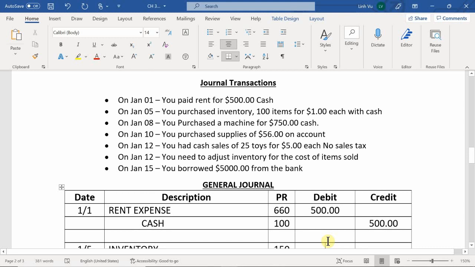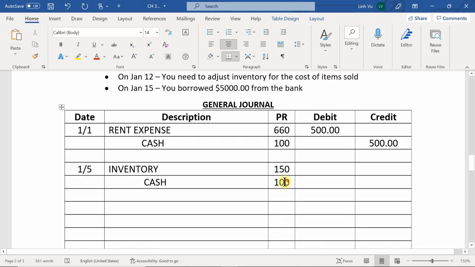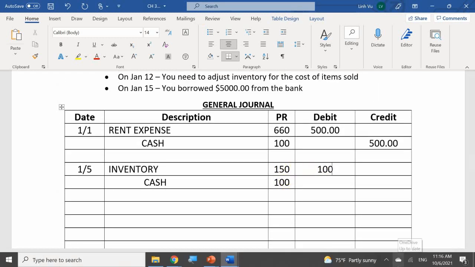How much cash did I actually spend? $100, because I bought 100 items that cost me $1 each. So in grand total, I spent $100. Good.